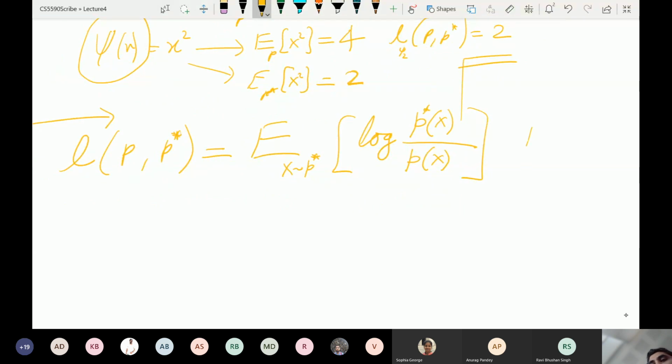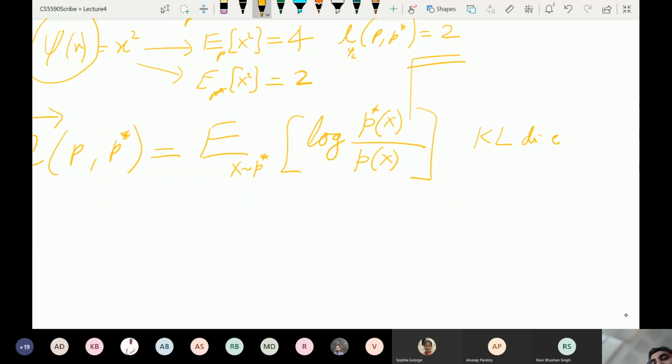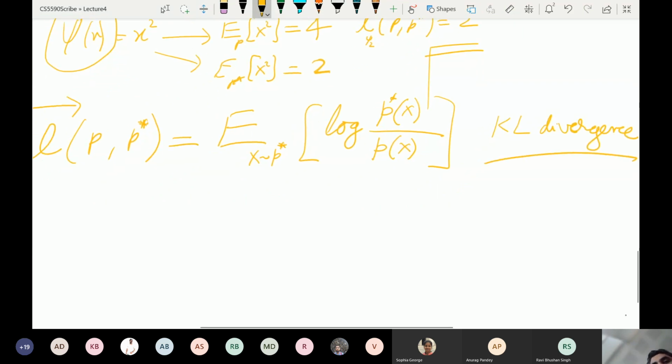So this is called KL divergence. There's no big confusion in names here, so let me name this. This is called KL divergence.